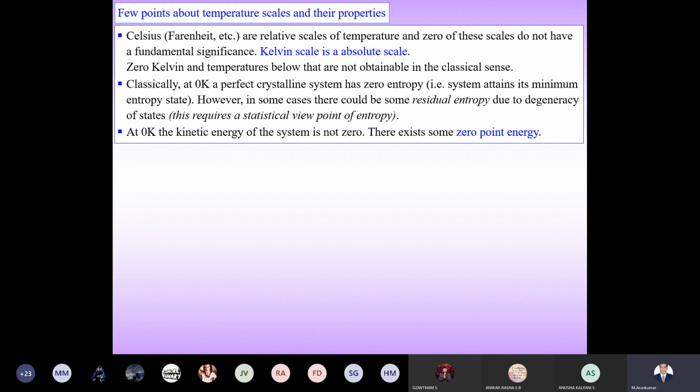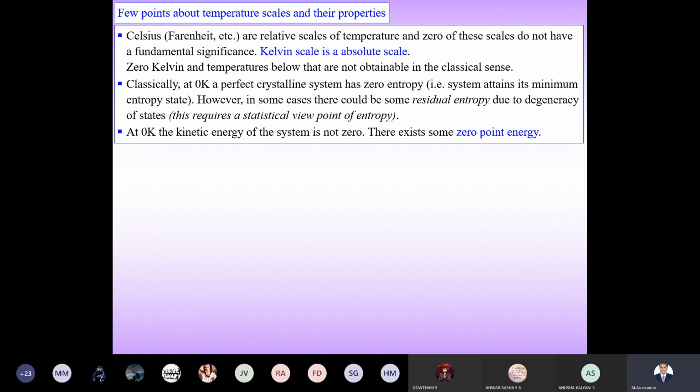Then these are a few points about temperature scales and their properties. Celsius, Fahrenheit, etc. are relative scales of temperature, and none of these scales have a fundamental significance.